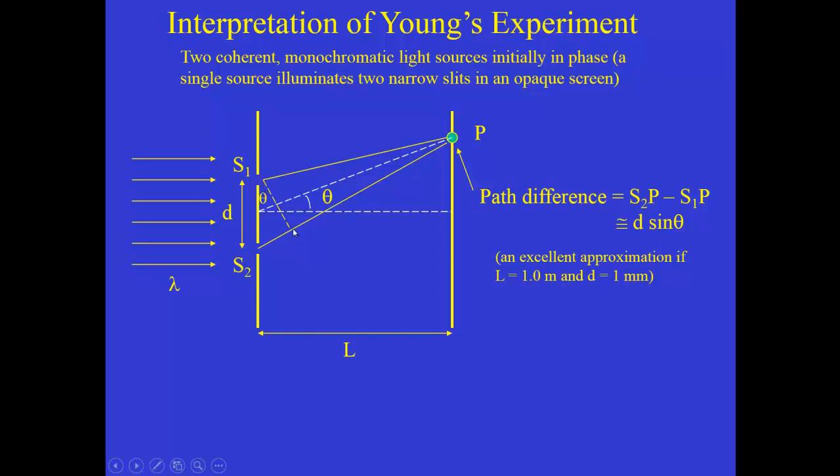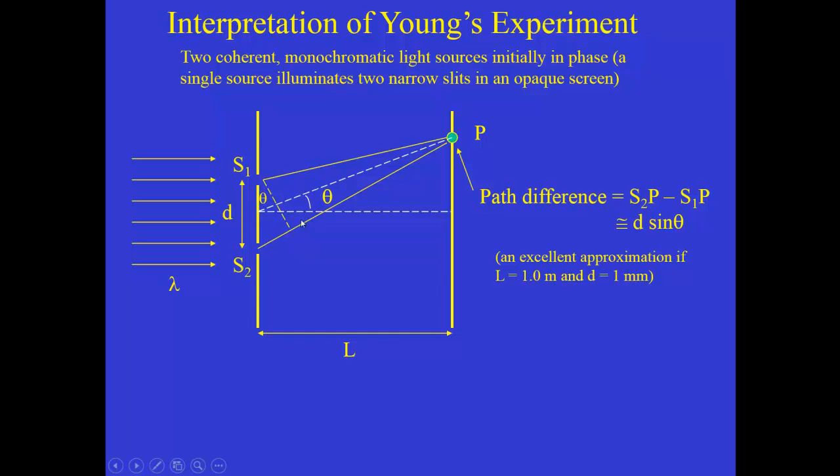So if we drop that down there, it forms a right triangle, and the base of that triangle here is the extra distance that we call the path difference. And if D represents the spacing between the centers of the two slits, we can see from a little bit of trigonometry that the angle theta that tells us the location of point P with respect to the horizontal is also the same upper angle that we have in the small right triangle.